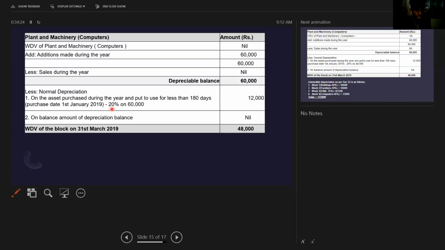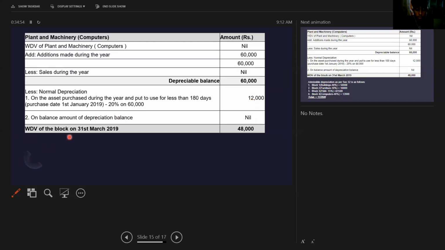If you calculate the same thing, January, February, March, which comes up to approximately 90 days, which is less than 180 days. We have to charge depreciation at half of the rate. As I told you, for computers, it is 40%. So half of the rate will be 20%. So the depreciable balance is 60,000, and 20% of 60,000 will be 12,000.